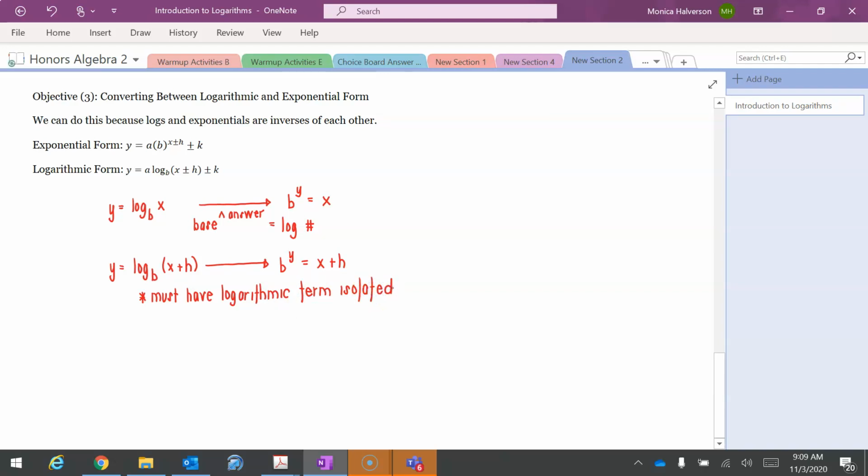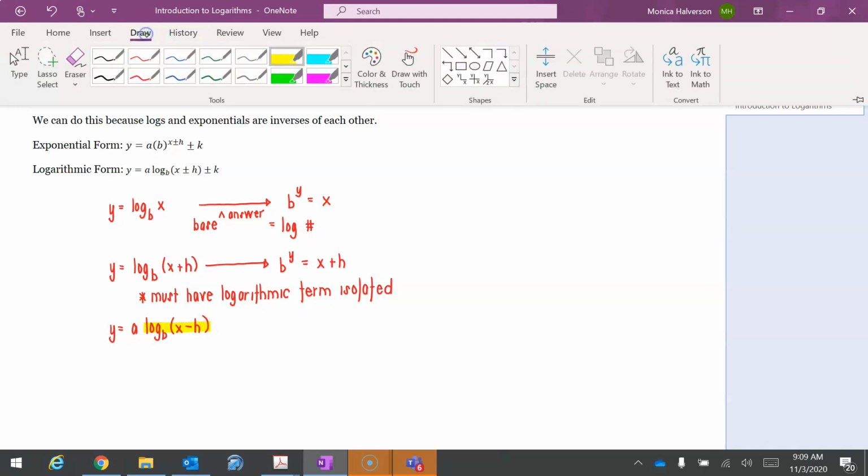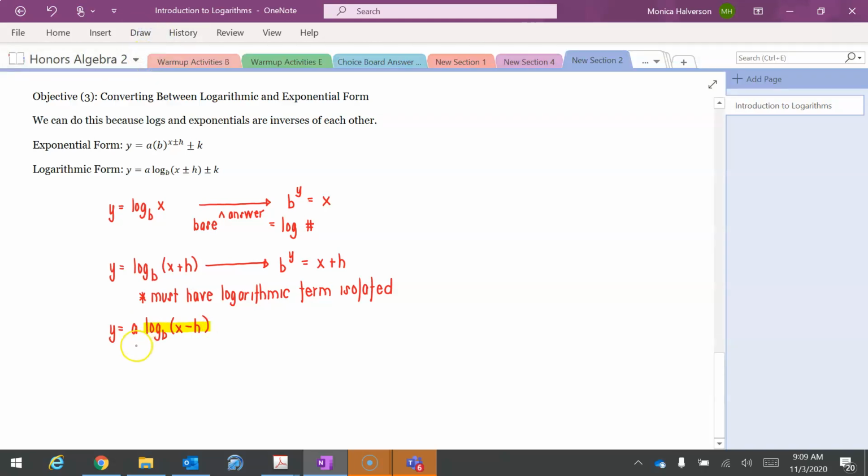All right? So if we had y is equal to a log base b of x minus h, this logarithmic term is not isolated yet. It has the a in front of it. So we would divide by a first and get y over a is equal to log base b of x minus h.